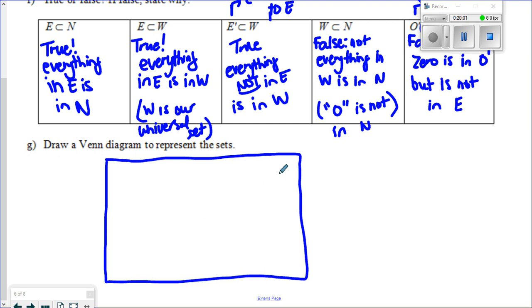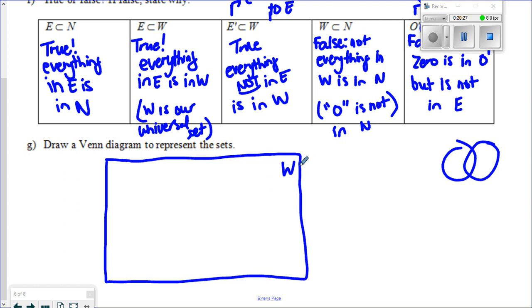You call the full rectangle your universal set. We defined that as W up above instead of just U, and that's fine. Our next biggest set is going to be natural numbers. A lot of times you want to do two circles that interconnect, because you think that's the only way a Venn diagram can look, but that's not necessarily true.